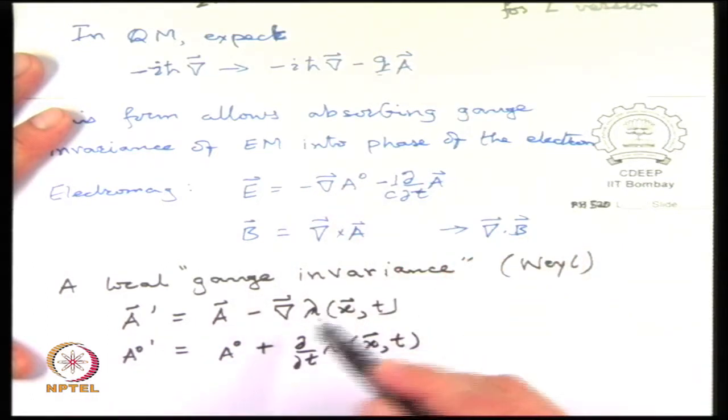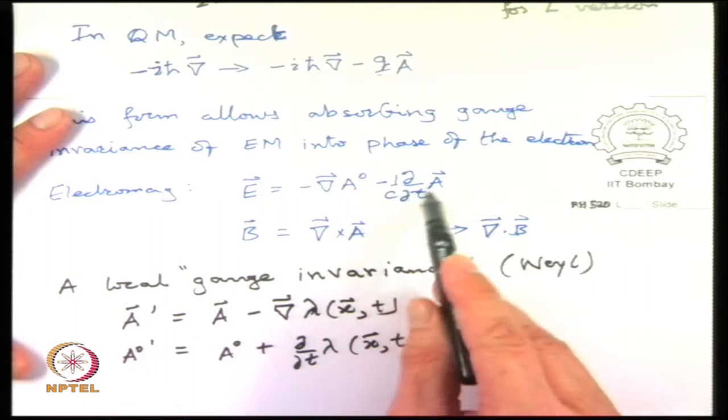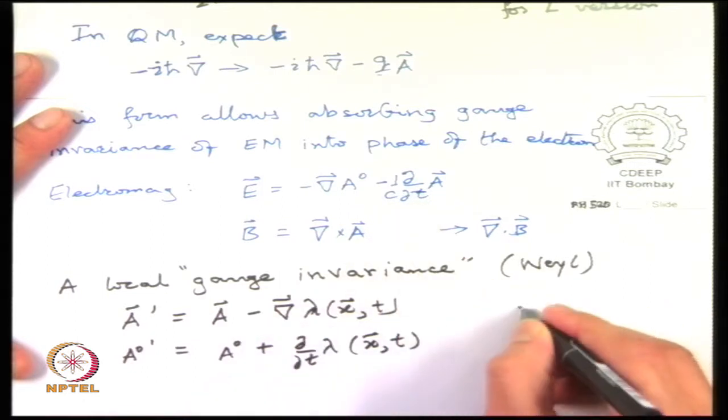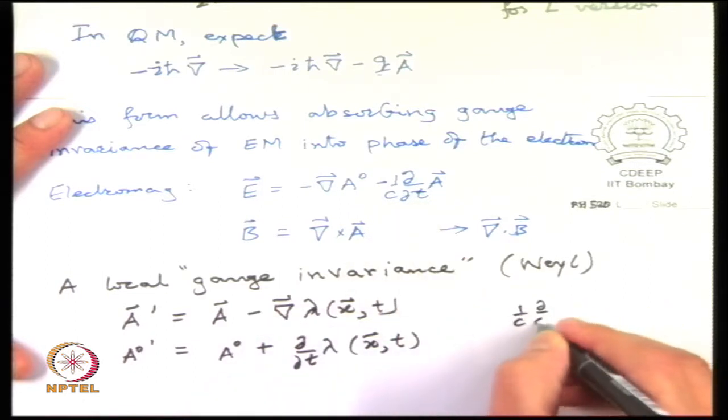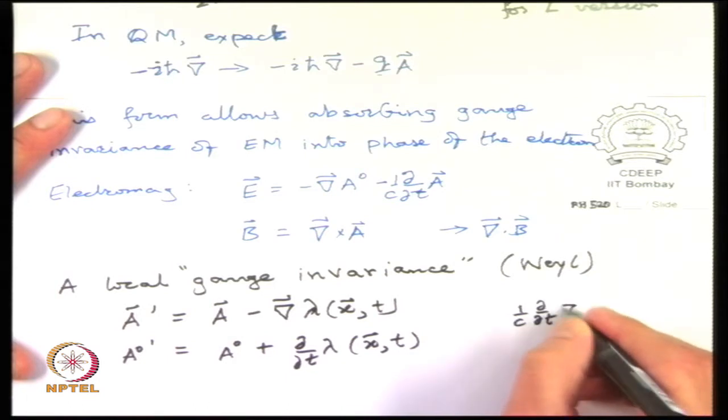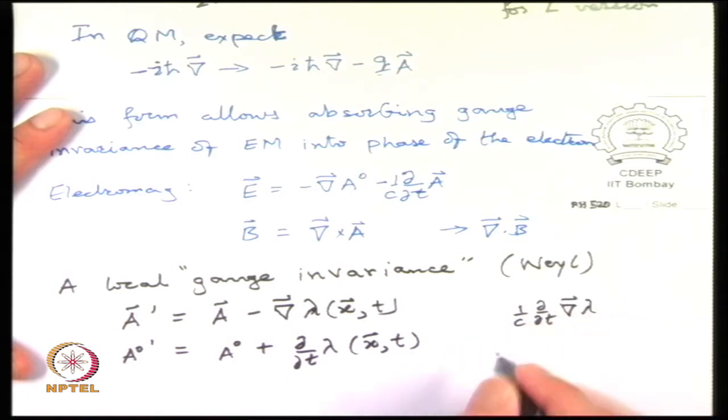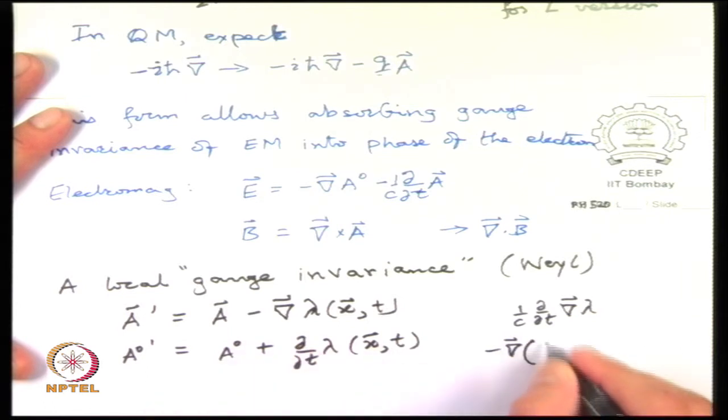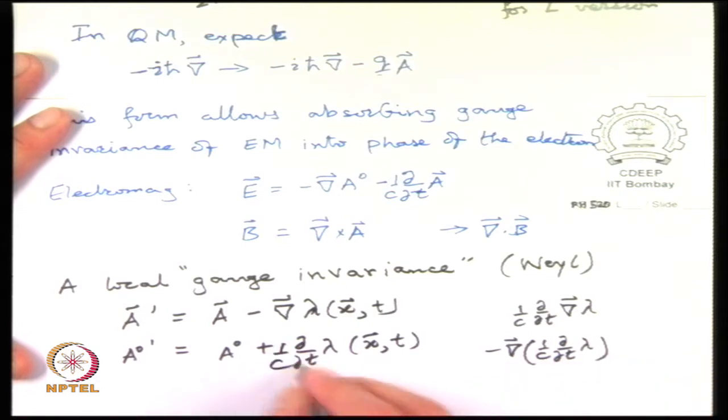Okay, so 1 over c d by dt of grad lambda can be compensated by minus grad of, so we need a 1 over c here, 1 over c d by dt of lambda. Okay.